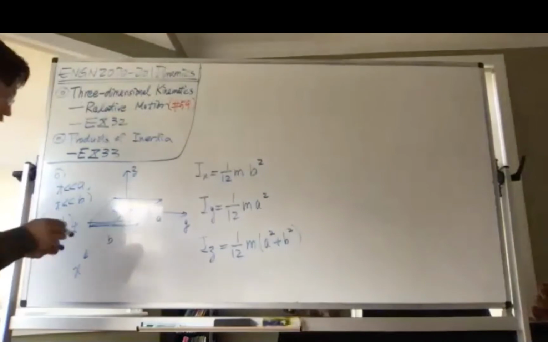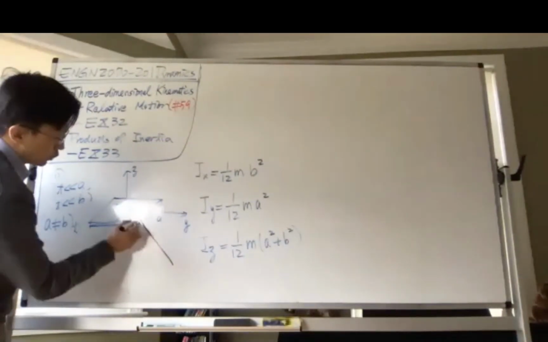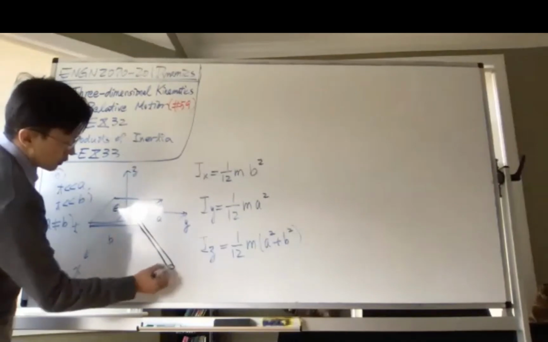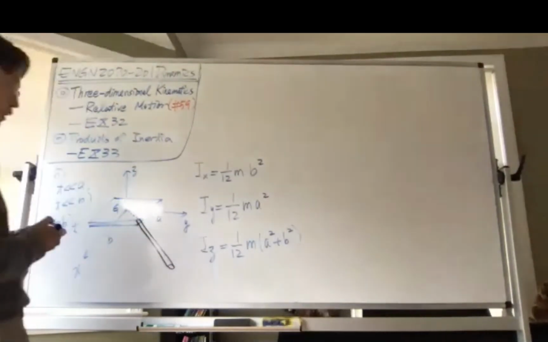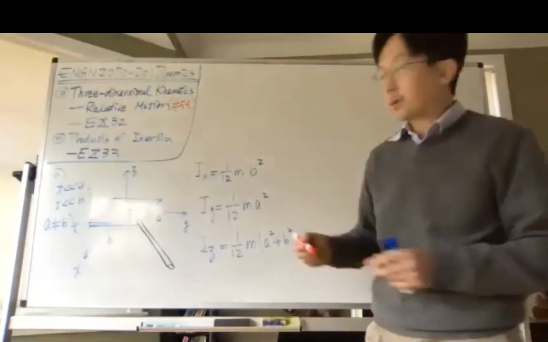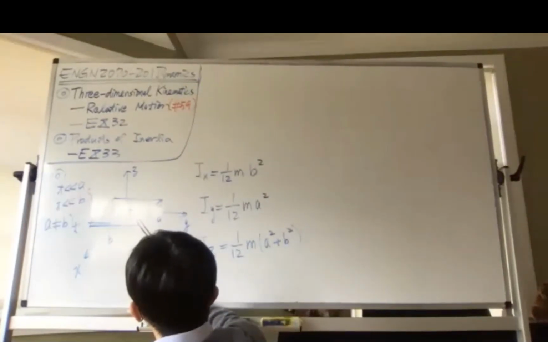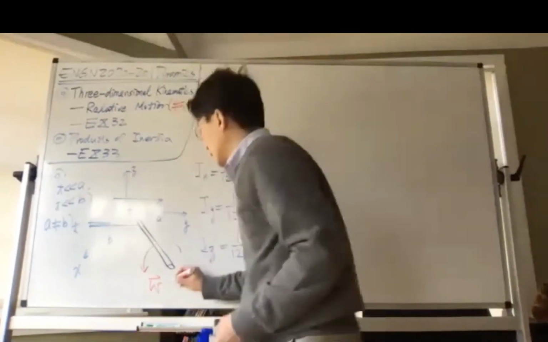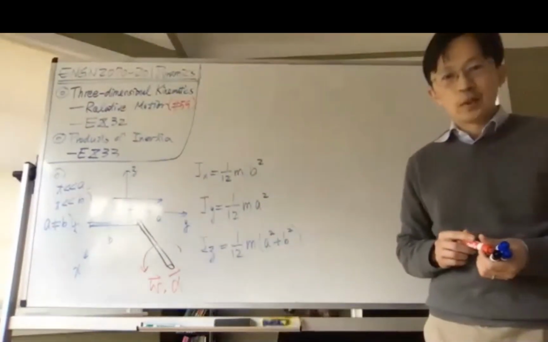It's possible if I connect this plate with another bar, a rigid bar like this. Of course the rigid bar connects at 45 degrees, and then I'm going to introduce angular motion to the bar, which means it's going to go like this. And there's also angular acceleration, right?